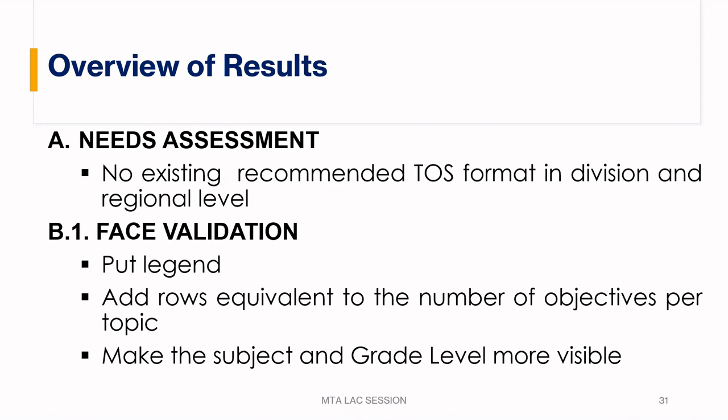They think that it's quite technical, so it's necessary that there is a legend below the TOS so that the users can refer to it every time they forget something about the acronym. And second is add rows equivalent to the number of objectives per topic. And lastly, make the subject and grade level more visible.